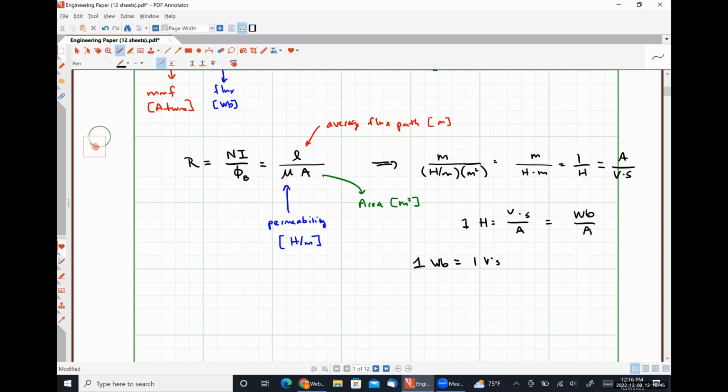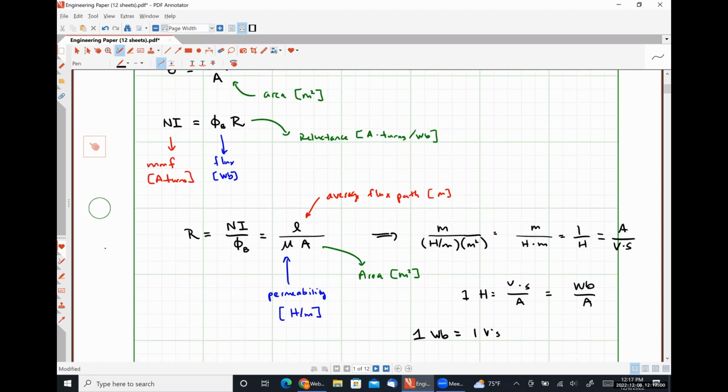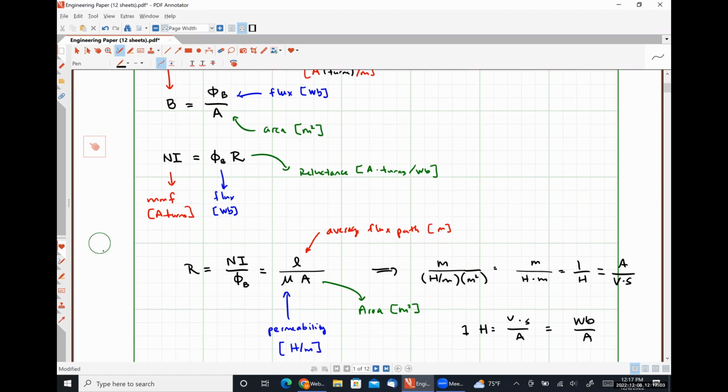I'm not ready to talk about flux linkage just yet, and so therefore I'm not ready to talk about inductance just yet. So I think that is pretty much the gist of all of the different relationships and how they're related to each other that we will be dealing with.